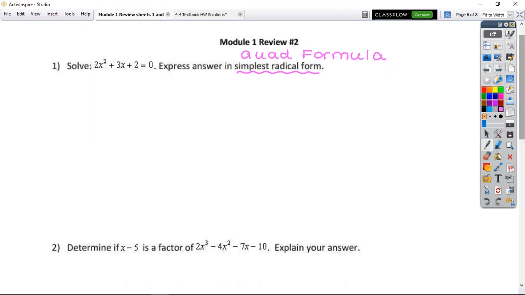So quadratic formula, you have x equal to negative b plus and minus square root of b squared minus 4ac all over 2a. And again, we talked about these concepts already this week, but just today is some extra reinforcement for you. So you're going to start and you're going to plug in.